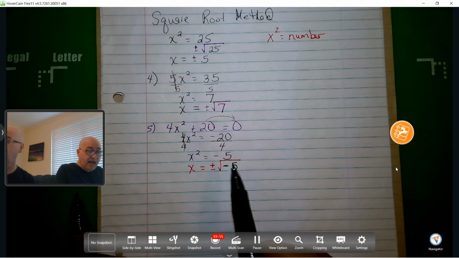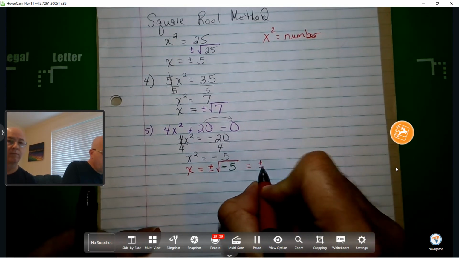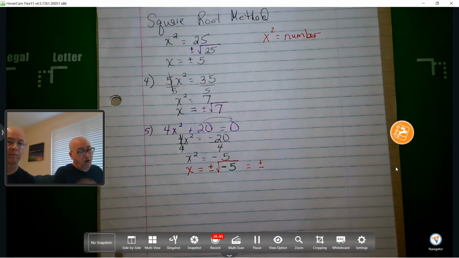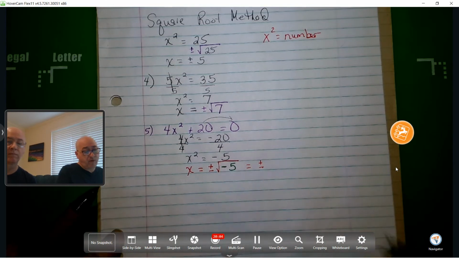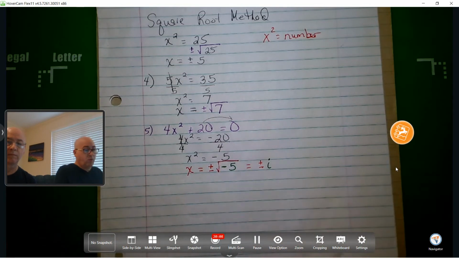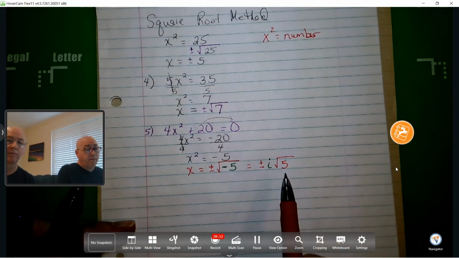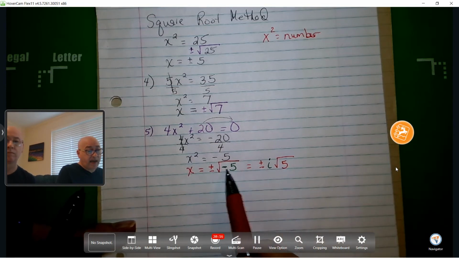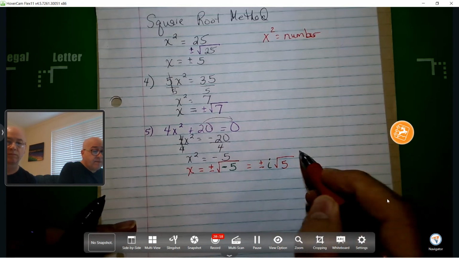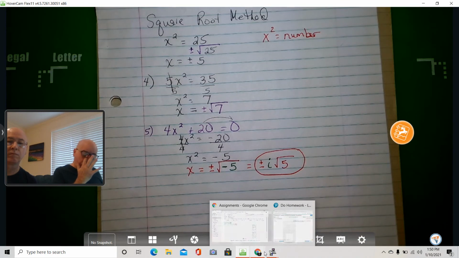Anytime you have a negative under a square root, you might remember when I was doing these earlier in videos, I'd always put an i right off when I saw a negative under the square root. So I'm just going to say i square root of 5. You can't simplify the square root of 5, but don't leave a negative under the square root. Write that negative as the i. So plus minus i square root of 5.